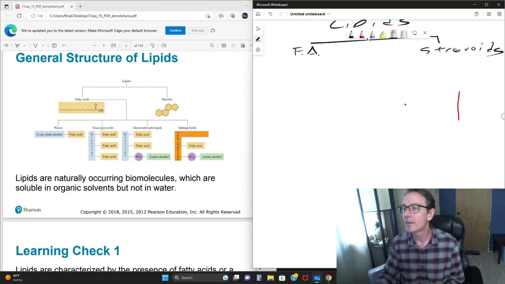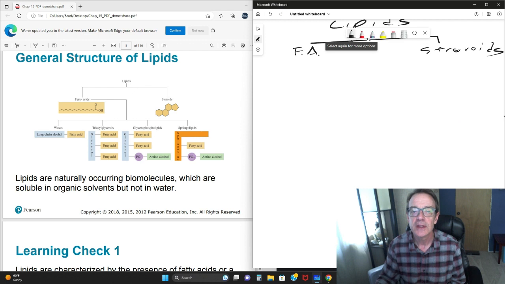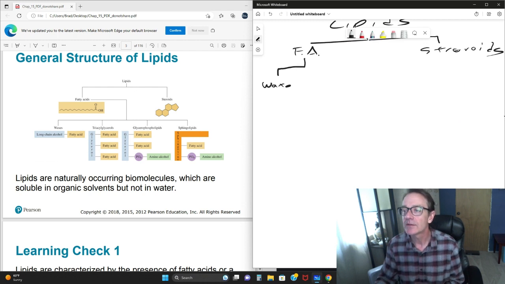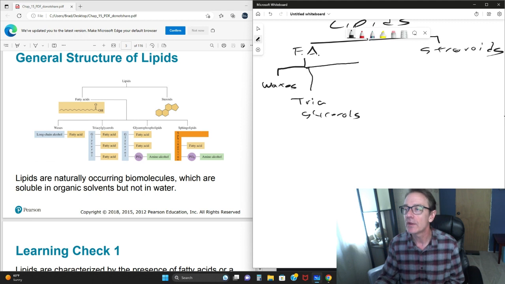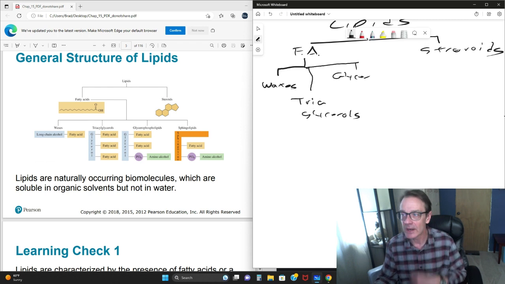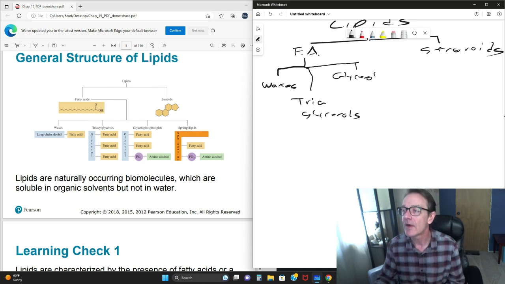Under fatty acids with the carboxylic acid, furthering that family tree, there are waxes, triacylglycerols, which are 3 fatty acids connected to something, and glycerophospholipids. That may or may not sound familiar from looking at membranes, but it's glycerol and then phospholipids.